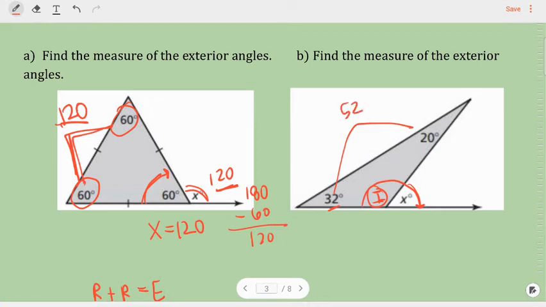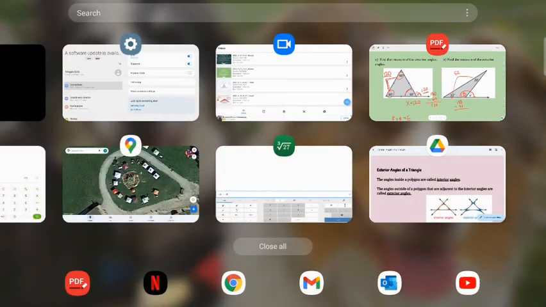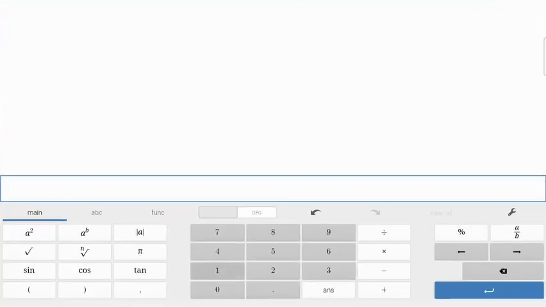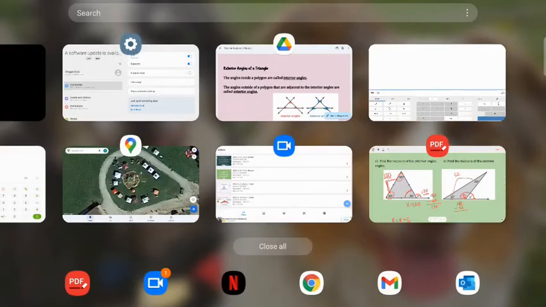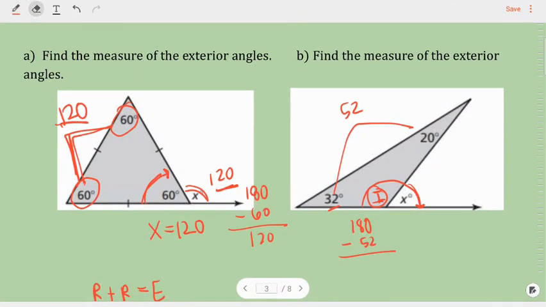To get that last interior angle, remember we take our total of our triangle and subtract 52. Let's use a calculator for that. 180 minus 52 is 128. So that last interior angle, I'm going to erase the I and write the number in, 128.